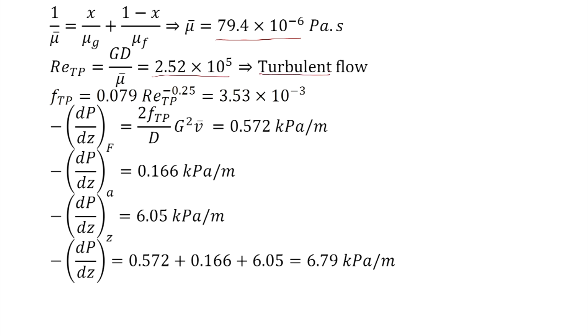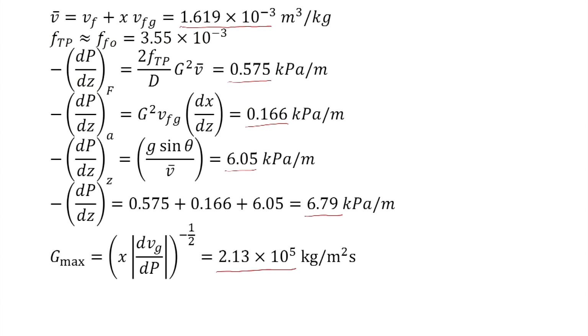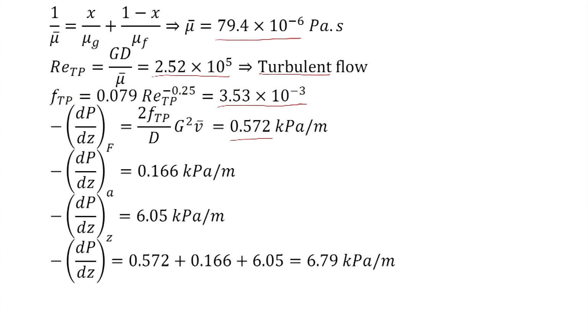So, the flow is turbulent, and then we use the Blasius relation to calculate the friction factor, which is 3.53 into 10 raised to minus 3. This is only slightly different from the previously calculated friction factor, and we calculate the frictional pressure gradient, which is 0.572 kilopascal per meter. The previous one was 0.575 kilopascal per meter. So, there is very small difference.